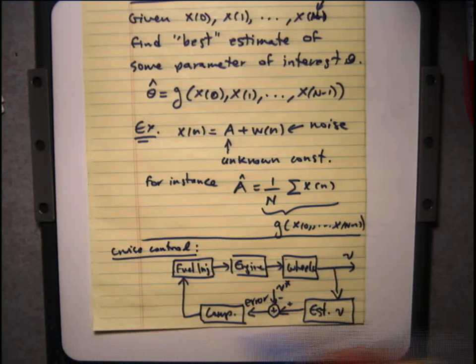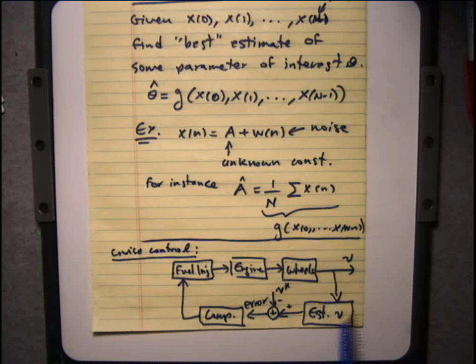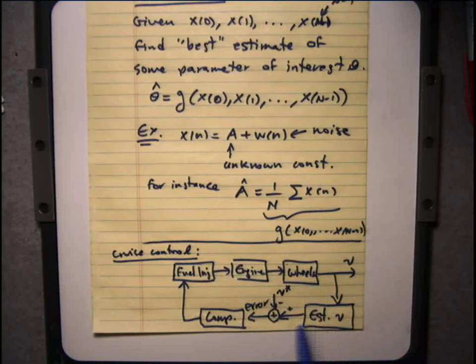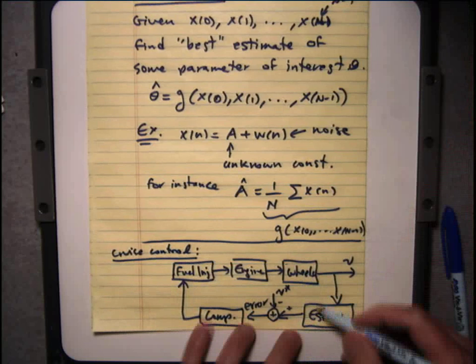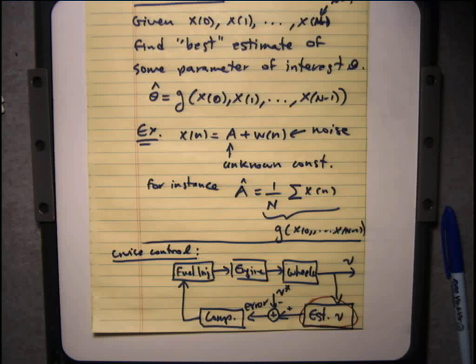Now what you can see here is that it is absolutely critical for you to have a reasonably good estimate of this velocity given what you're measuring from the wheels. Right? So if this estimator does not do its job, this critical part, then this whole feedback loop is going to fail. Okay?